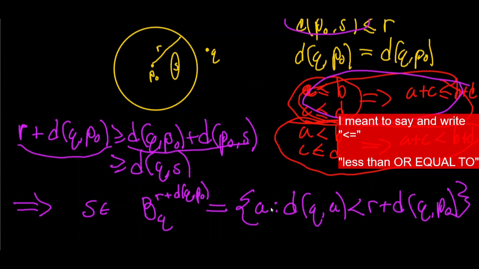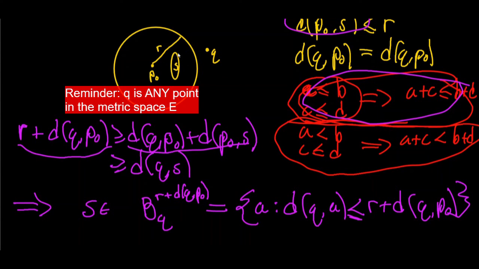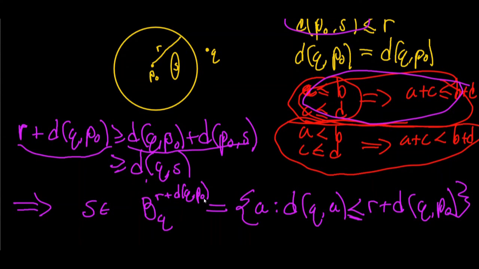We have that the distance between Q and S, the center of our closed ball that we want to contain our bounded set S, is in fact less than or equal to the radius that we're defining.